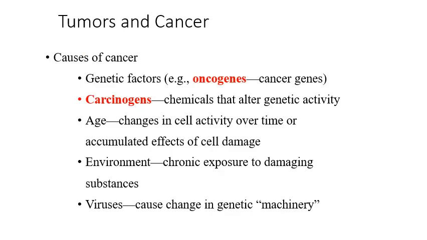All right, so things that cause cancer, things that can cause your cells to undergo uncontrolled mitosis. There are genetic factors, certain oncogenes or cancer genes that make you more likely to develop certain types of cancers. Carcinogens are chemicals that can alter genetic activity, basically causing mutations in the cell.